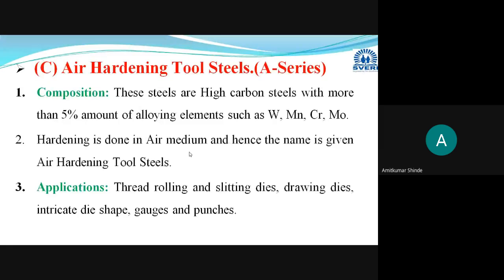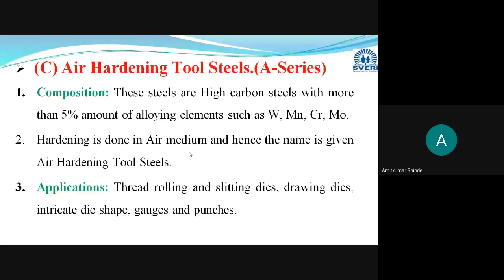Hence the medium used for hardening is air, and these are termed air hardening tool steels because during the cooling we use the air medium. In oil hardening tool steel we use oil medium for the cooling or quenching operation, and in air hardening tool steel the quenching or cooling operation is done in the air medium.